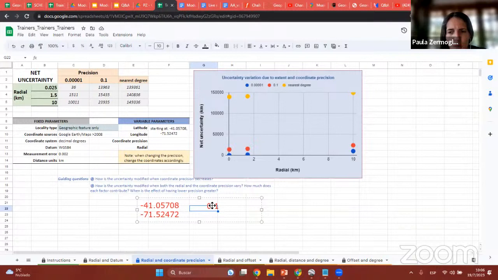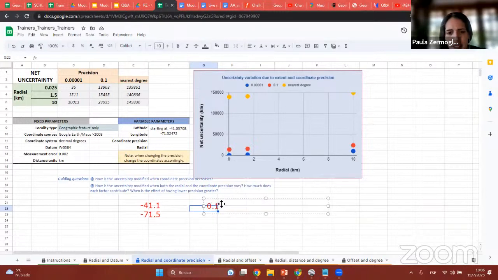So to be able to do the calculation with this precision, we need to adjust these coordinates to that precision. And so if it's 0.1, this is 0.5, so I'm going to round it up, not truncate it, but round it up. So these would be the corresponding coordinates with this precision.